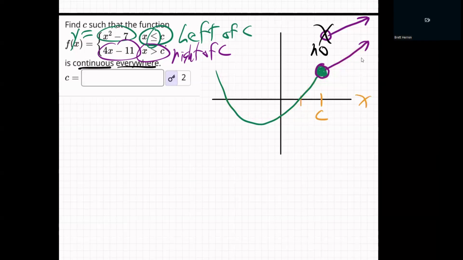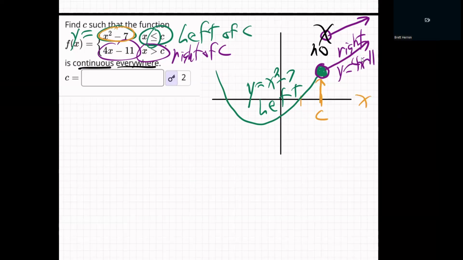So this left side here, which is y equals x squared minus 7, and this right side, which is y equals 4x minus 11, they have to meet, at least at C, they have to be the same height.